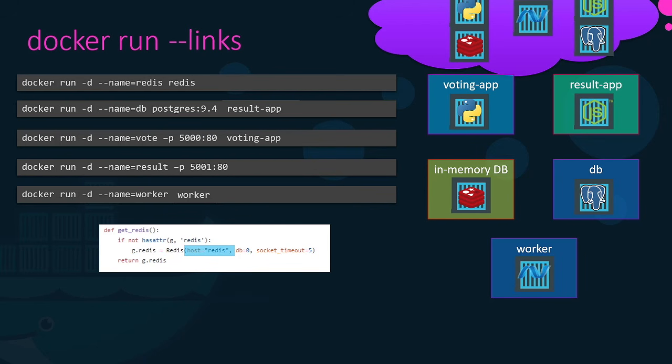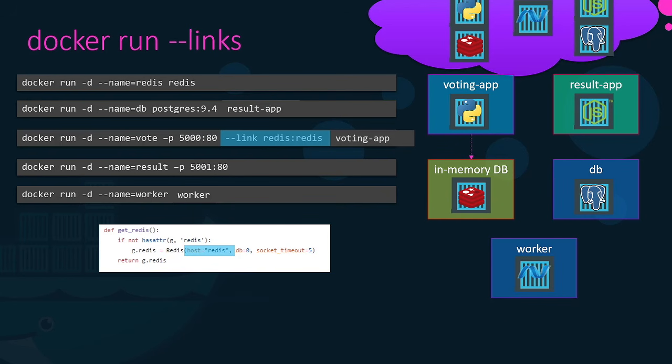To make the voting app aware of the Redis service, we add a link option while running the voting app container to link it to the Redis container, adding a --link option to the docker run command and specifying the name of the Redis container, which in this case is Redis, followed by a colon and the name of the host that the voting app is looking for, which is also Redis in this case.